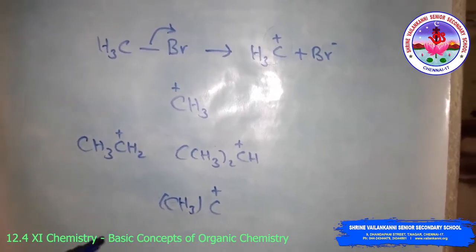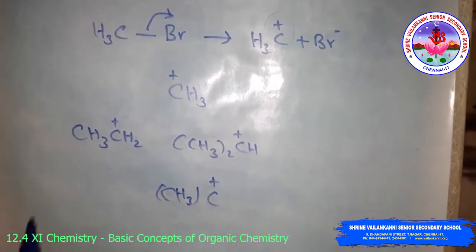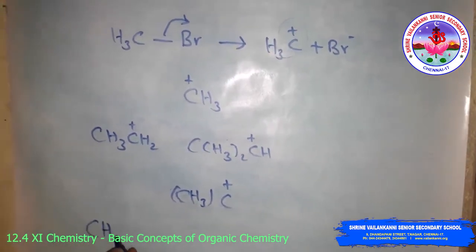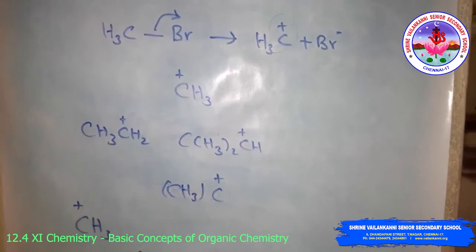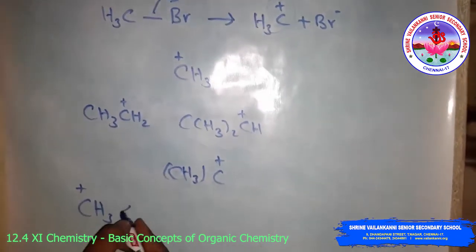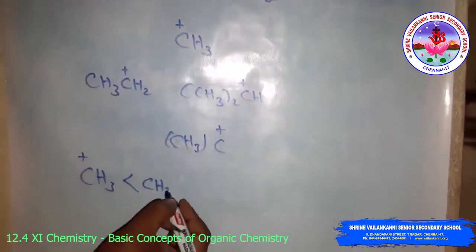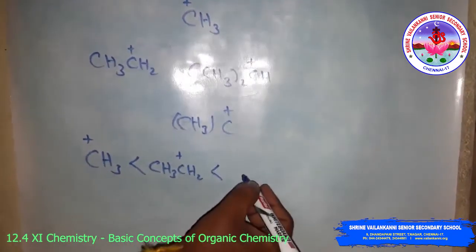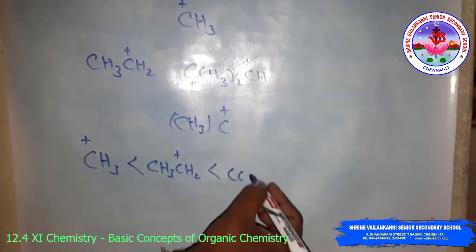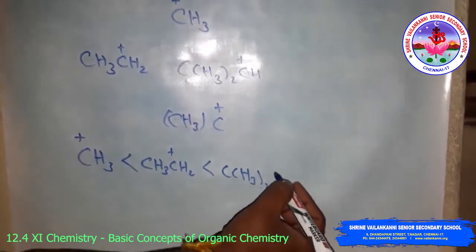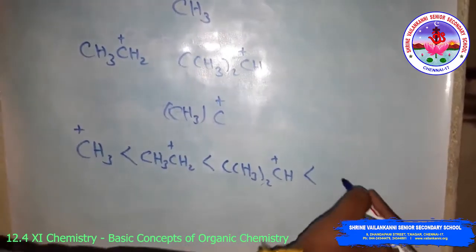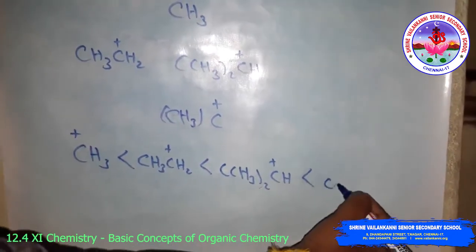The observed order of carbocation stability is methyl carbocation CH3+ is less than ethyl carbocation, then isopropyl carbocation, then tertiary butyl or tertiary carbocation.